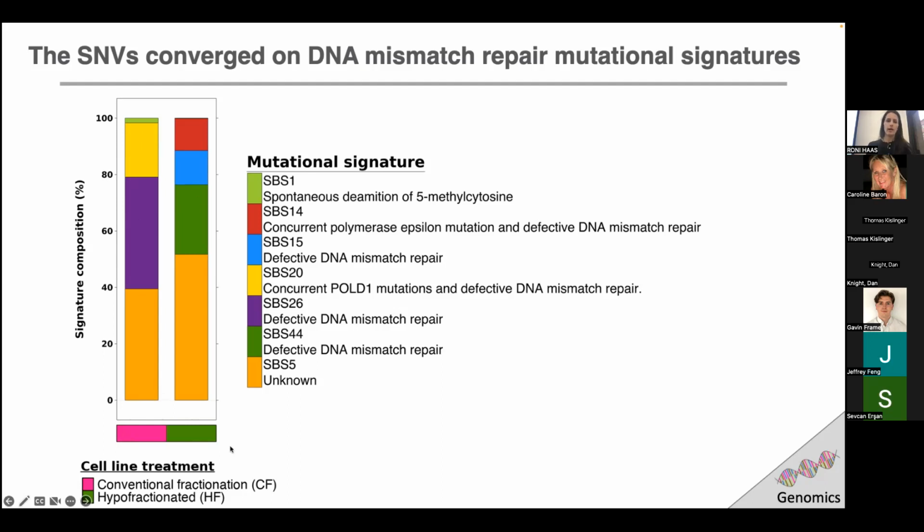Interestingly, while these mutational signatures were unique to each radioresistant cell line, they were all associated with defective DNA mismatch repair. So the conclusion here was that despite differences in numbers and profiles of mutations, overall, these mutations are largely the consequence of defective DNA mismatch repair.